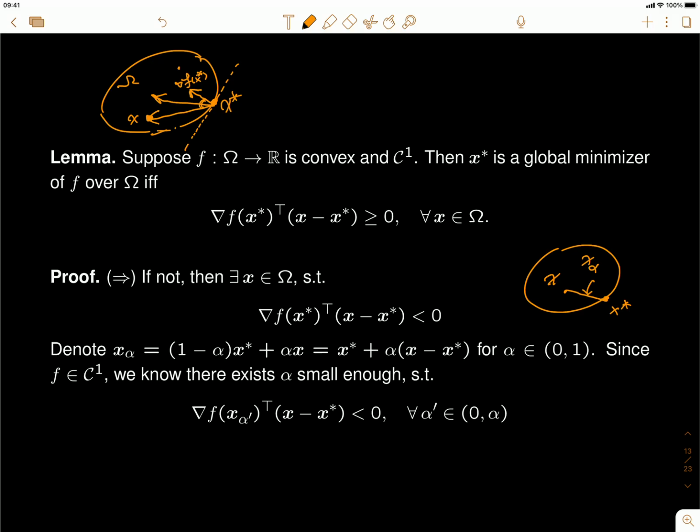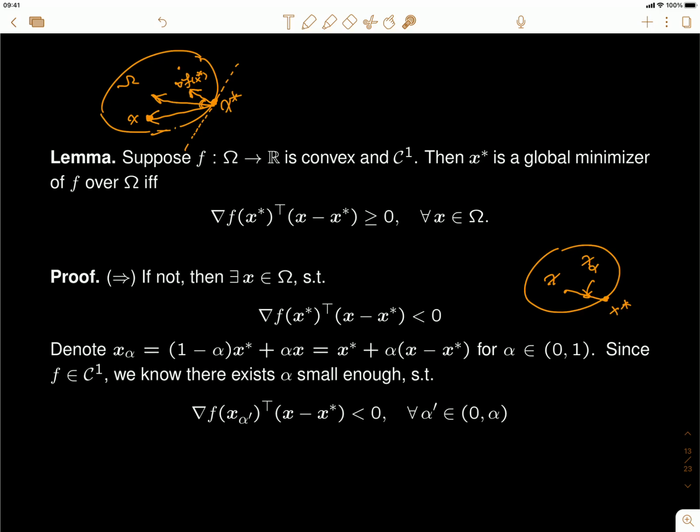So this will be my x alpha. And now because f is in C1, we know that when alpha is small enough, this quantity here will still be less than 0.